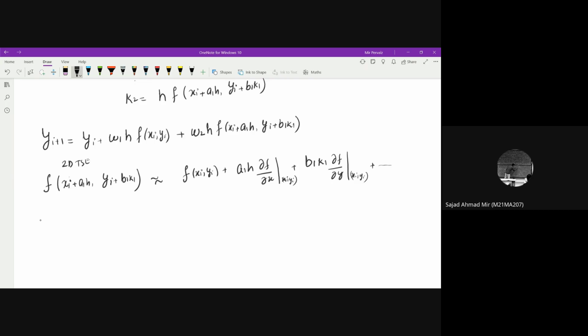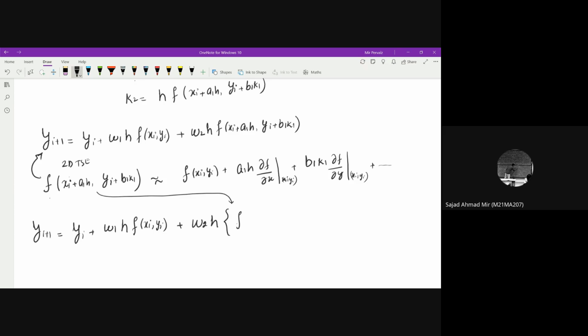If we use this value of f in your previous equation, now your yi plus 1 will be yi plus w1 h times f of xi, yi plus w2 h times, now use this value here.